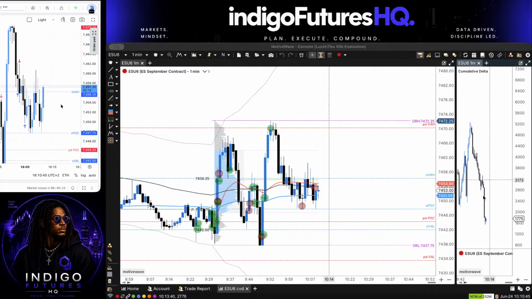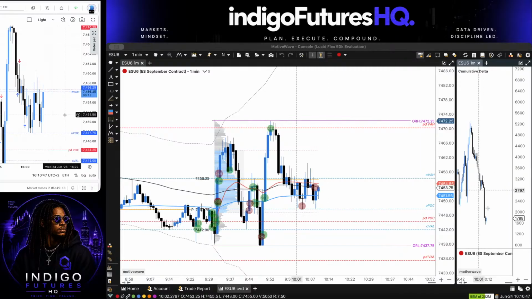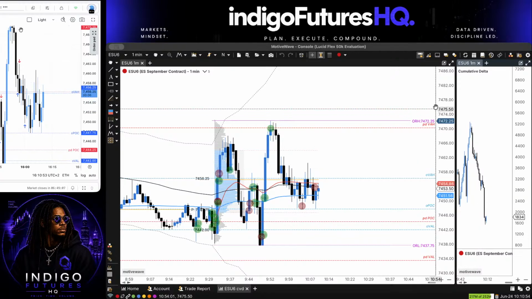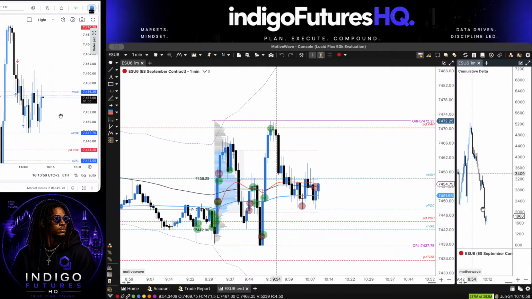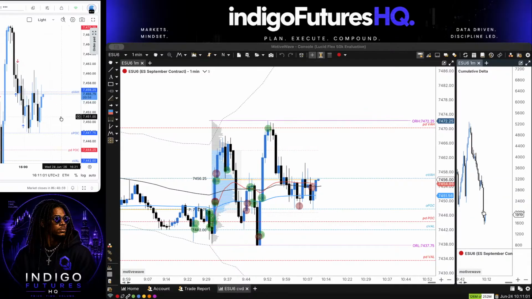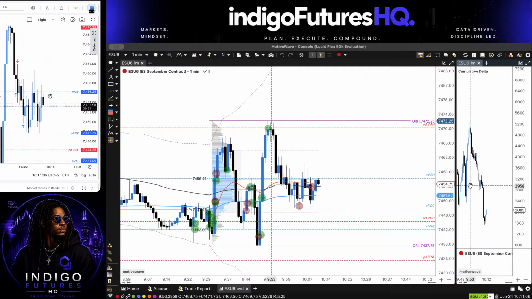But I mean, look at this. The volume delta and what we're getting on the charts is crazy. Lots of selling pressure, lots of selling volume, but no resultant move.